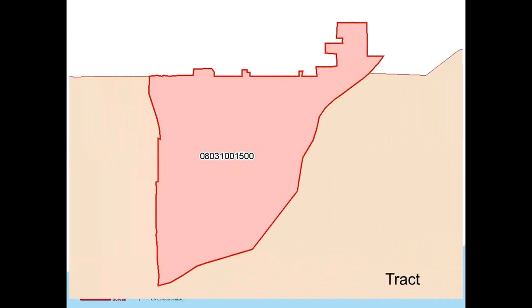This is that same tract, but now I've concatenated the state and county code onto the tract code. If you look at some of our printed reports, there aren't so many of those anymore, but sometimes we format the name of the tract using the old style, and it's easier to read that way.